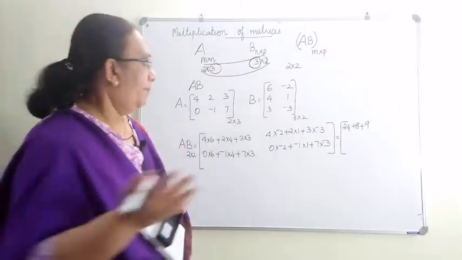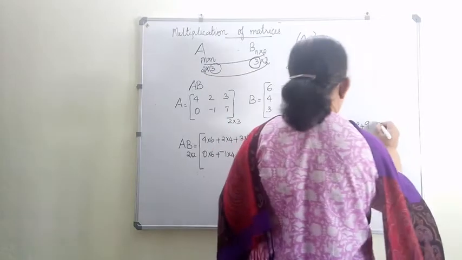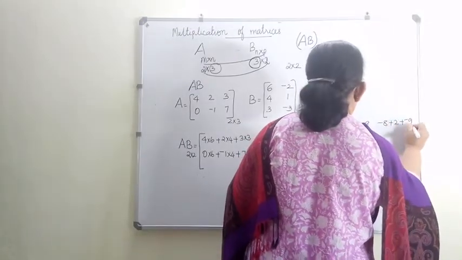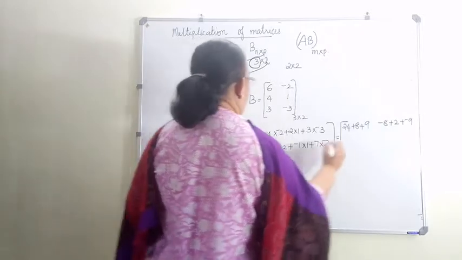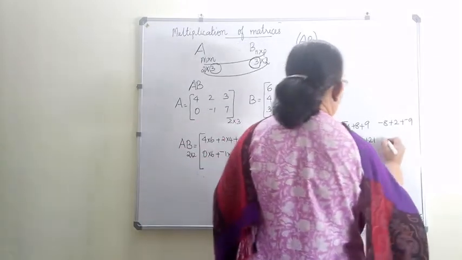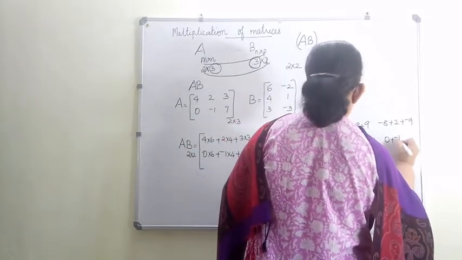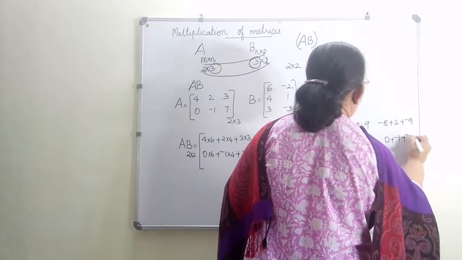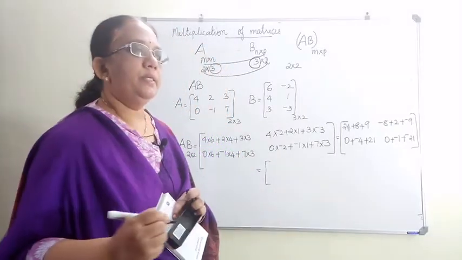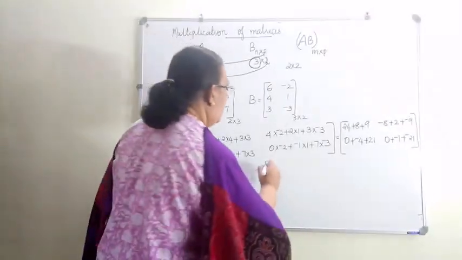Do along with me. 4 into minus 2 minus 8 plus 2 plus minus 9. 0 plus negative 4 plus 21. 0 plus minus 1 plus minus 21. Equal to 24 plus 8, 32. 32 plus 9, 41.